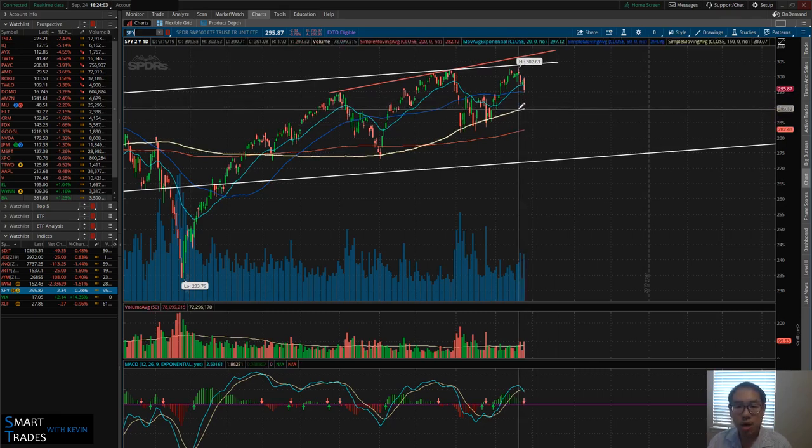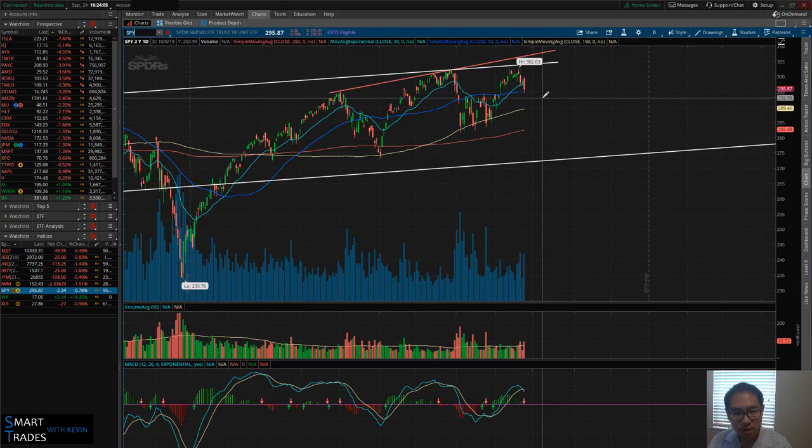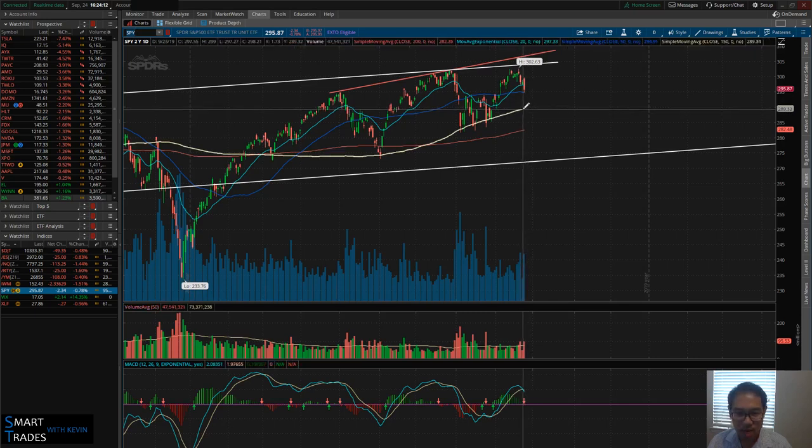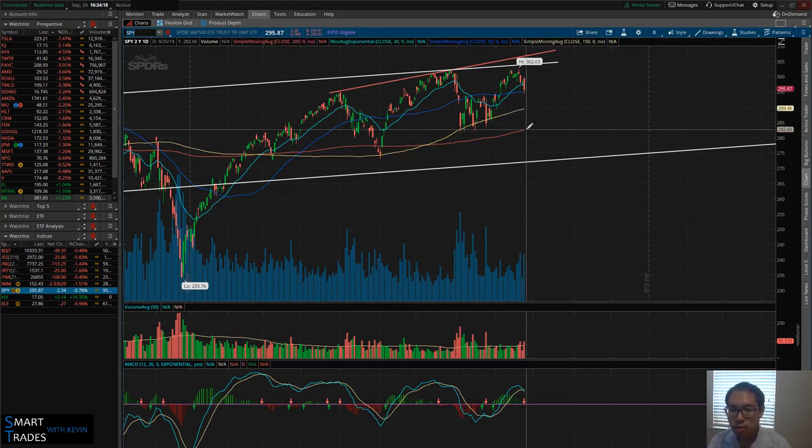And 150 is stronger than the 50-period moving average, which means that should we get down there, 290, which is the 150-period moving average, should act as support, maybe intraday, but should that break, we would look for the 200-period moving average at around SPY 280-266 to act as support.